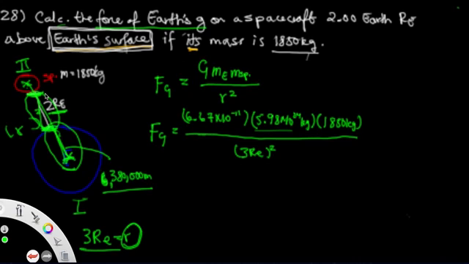So our R will be equal to these 2 Earth radii, plus another Earth radius. So 3 Earth radii in total. And because we're squaring that value, it'll be 9 Earth radii squared.